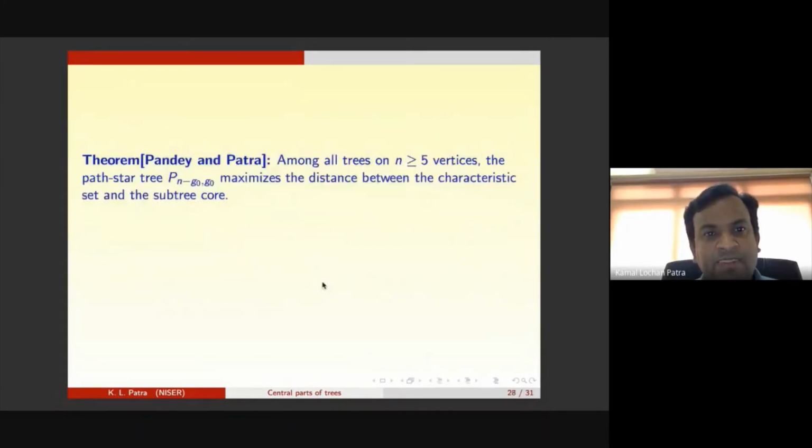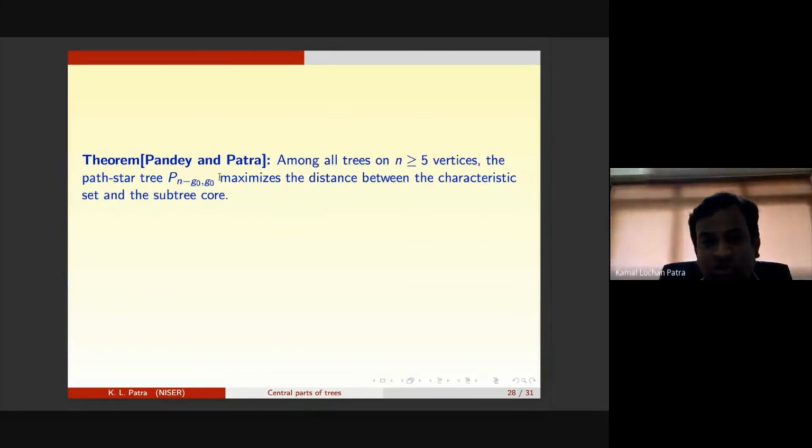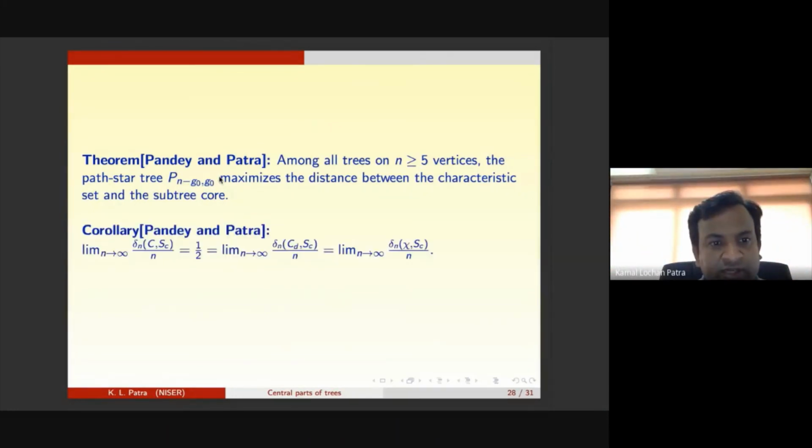Recently, with one of my students, we proved that among all trees on n vertices, the path star tree P n minus G0, where G0 is defined earlier, maximizes the distance between characteristic set and subtree core. But we were not able to find the exact distance, because for every n it is not possible to find exactly where the characteristic set is. So we also proved the asymptotic nature of these distances. For all these distances, that value is actually half.